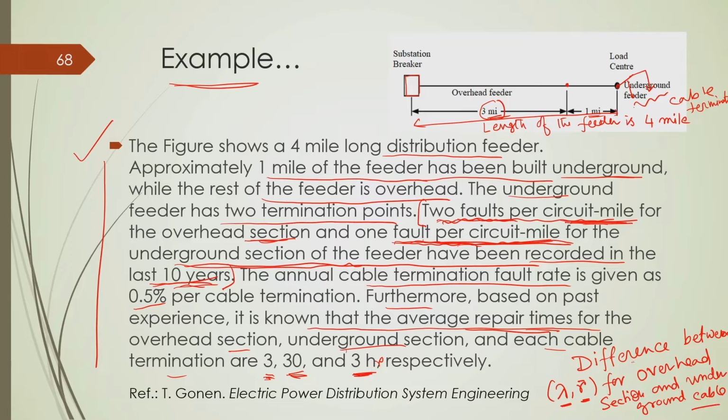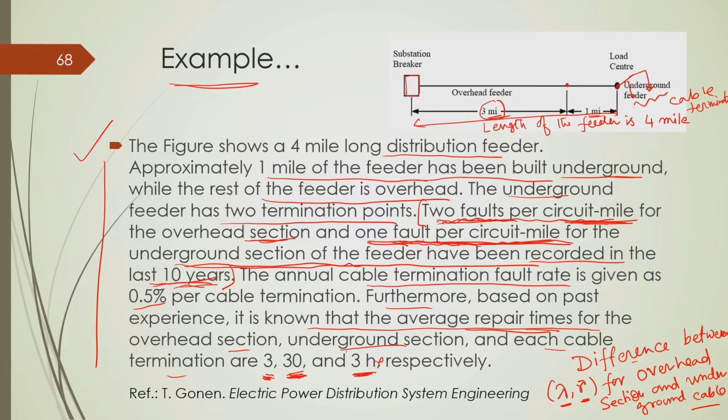What is the difference? First of all, the failure rate of the overhead section is 2 faults per circuit mile, whereas the failure rate of the underground cable is 1 fault per circuit mile. So, the overhead section has twice the failure rate of the underground cable. The repair duration of the overhead line is 3 hours and underground cable is 30 hours.